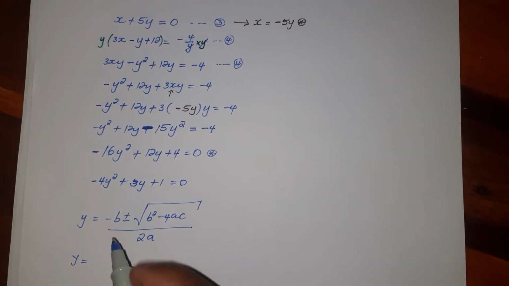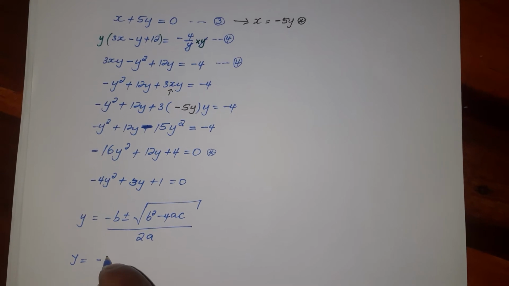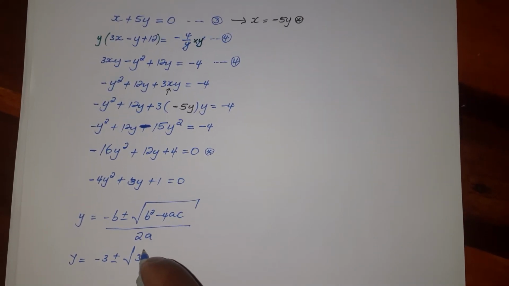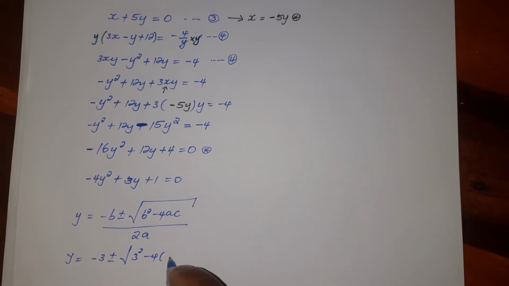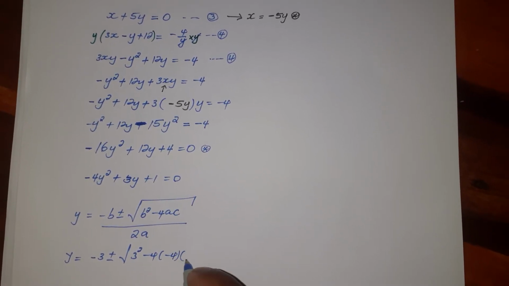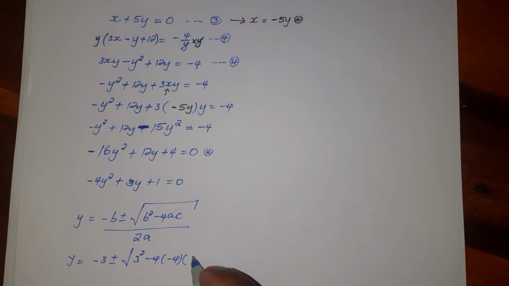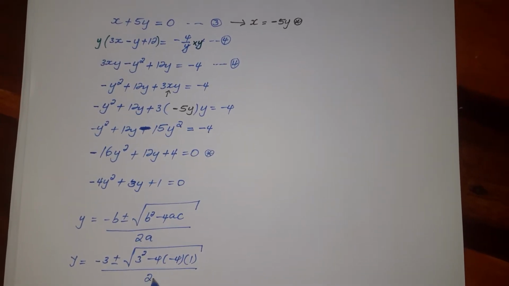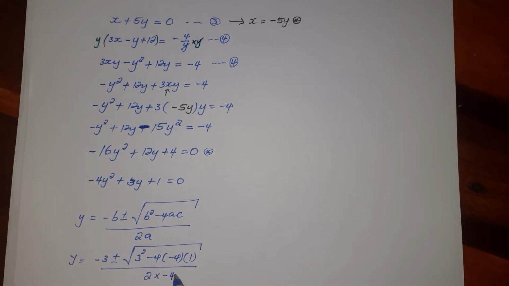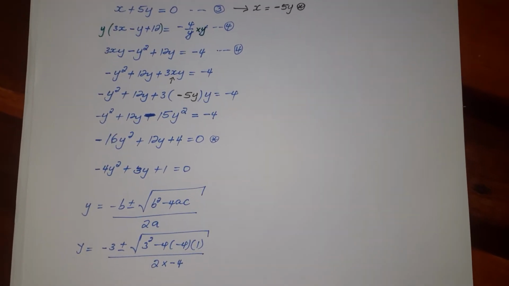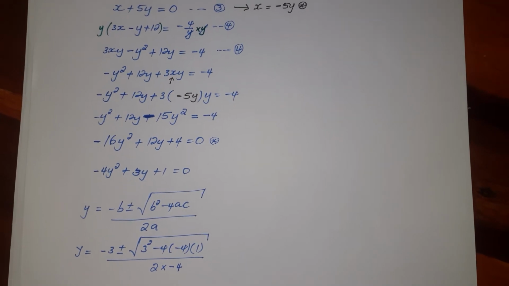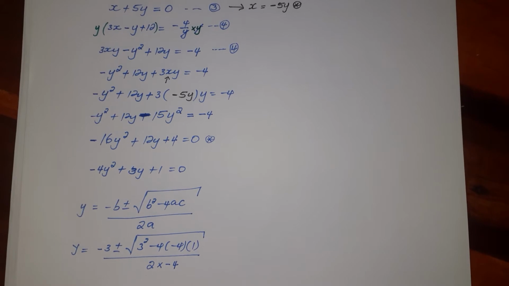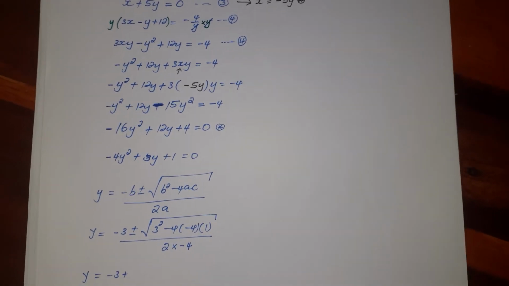My b value is positive 3, therefore I have negative 3 plus minus 3 to the power 2 minus 4 times positive 1 here, over 2 times negative 4. Then what I have here is negative 3. Let me use positive first.